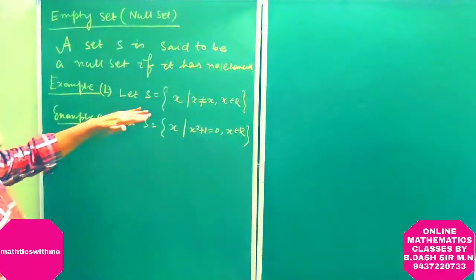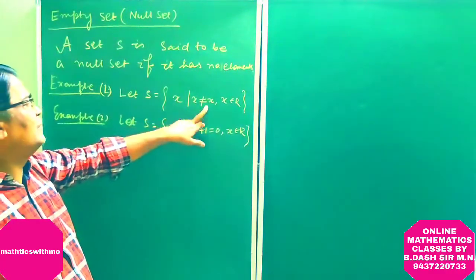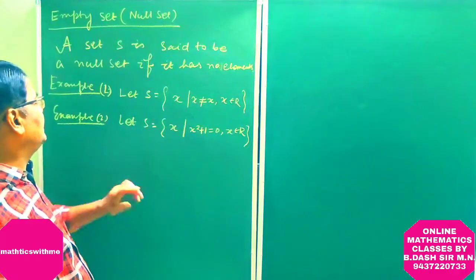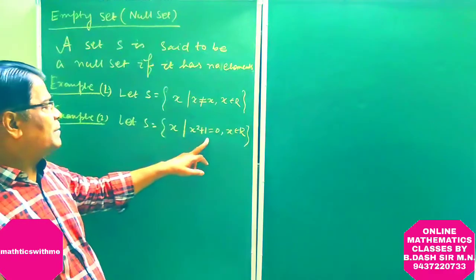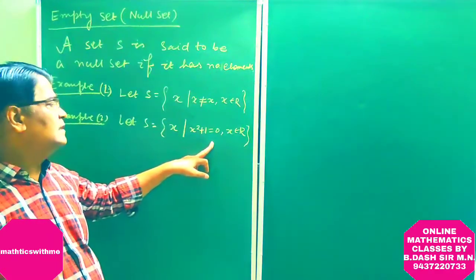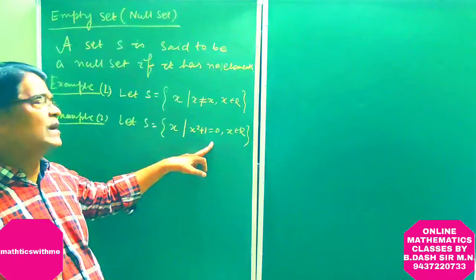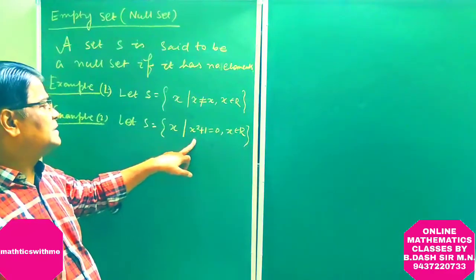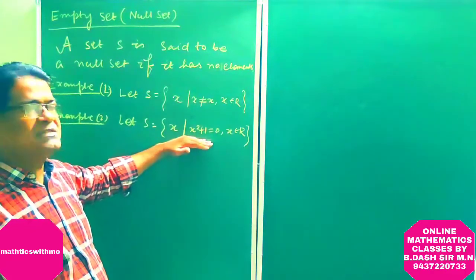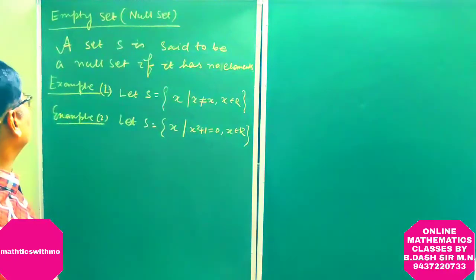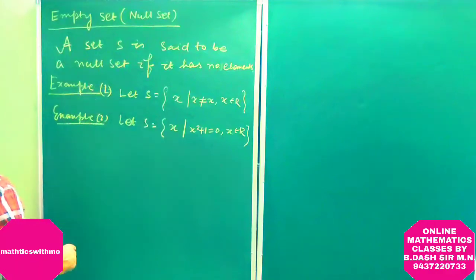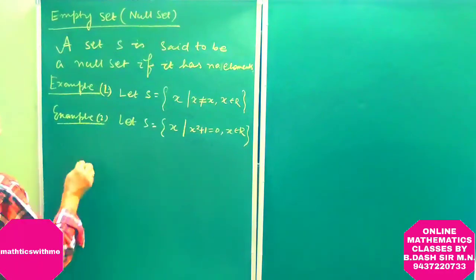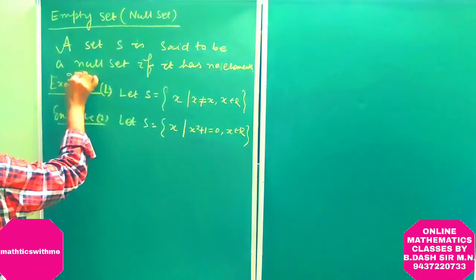So here in the first case there is no real number which is not equal to itself, so this set is empty. In the second case, x square plus 1 is equal to 0 means x square is equal to minus 1, x is equal to plus minus i. So there is no real number satisfying this equation. Both the sets are empty sets. So a set S is said to be a null set if it has no elements.